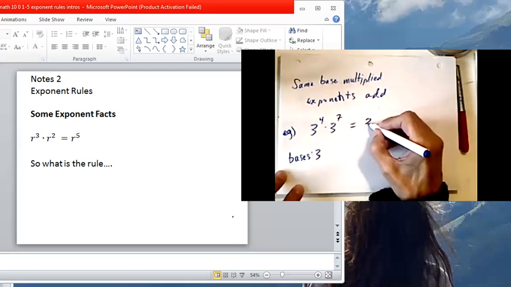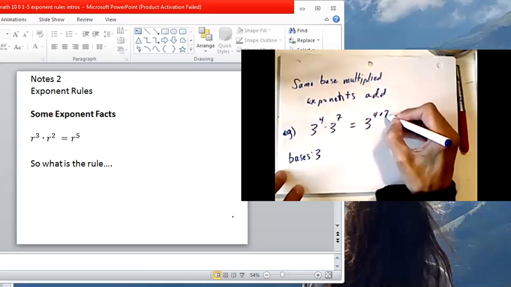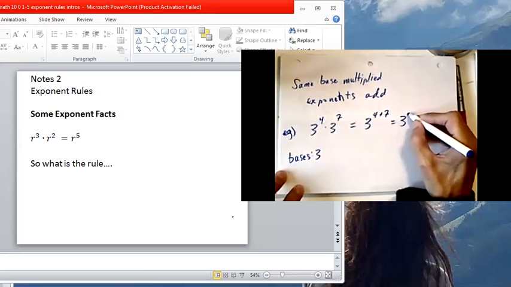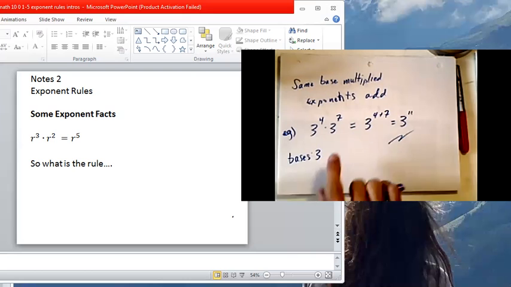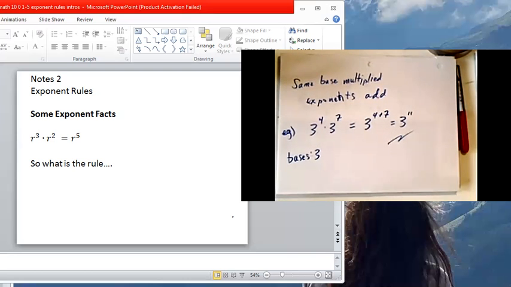So this is going to be the same as 3 to the 4 plus 7, which is the same as 3 to the 11. Done. Good work.